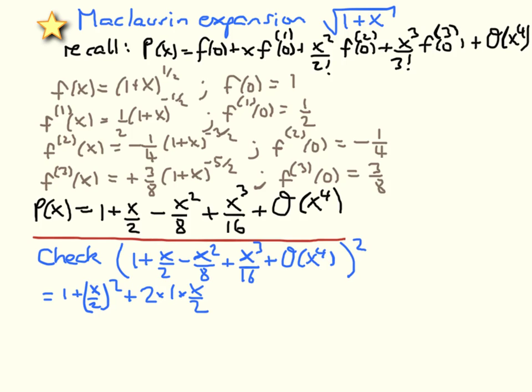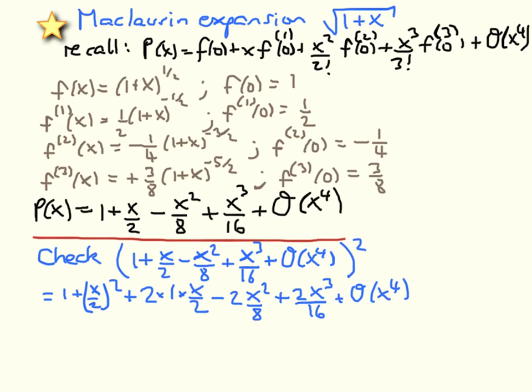We are also going to have 2 times 1 times x squared over 8 with a minus sign, so that will give us minus 2x squared over 8, and we're going to get plus 2 times x cubed over 16, and then we're going to have the 1 times the x to the fourth unknown terms, so that's going to give us terms of order x to the fourth that we don't know explicitly.